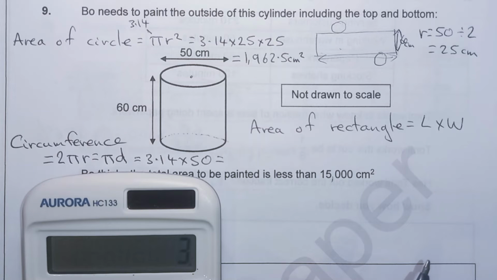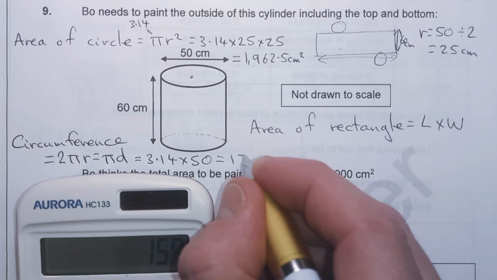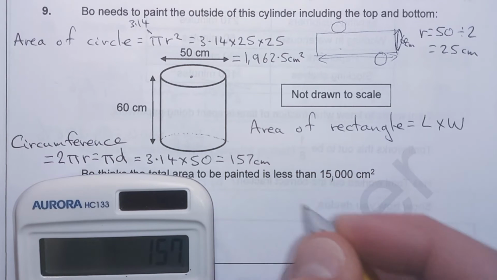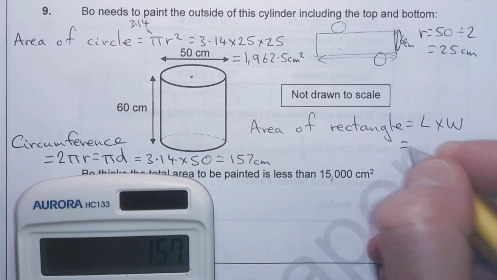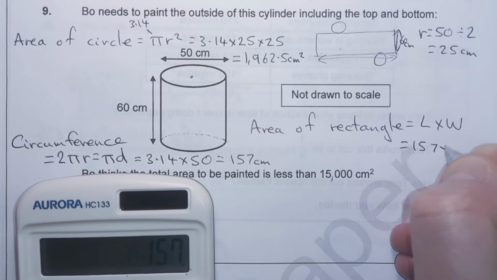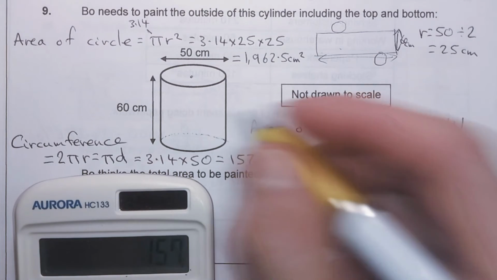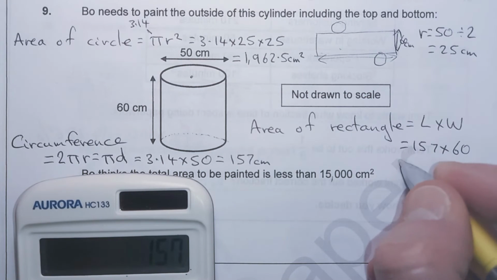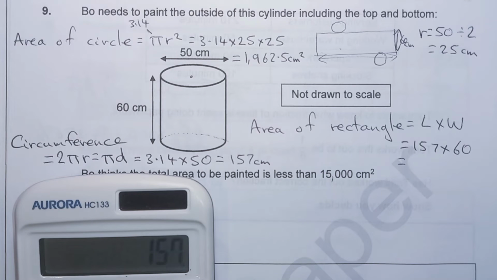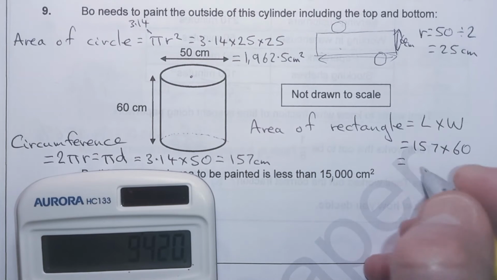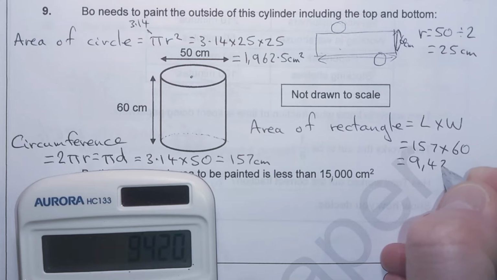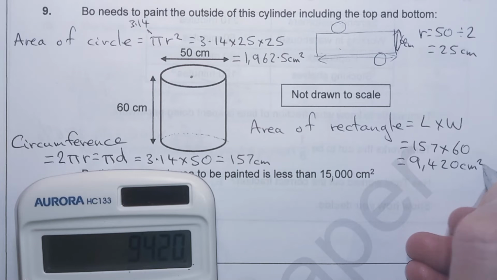So 3.14 times 50, and we get 157 centimetres. So the area of the rectangle is 157 times 60, which gives us 9,420 centimetres squared because it's area.